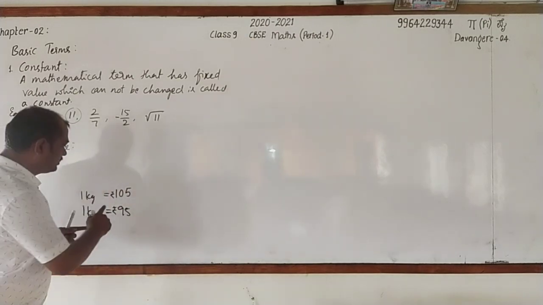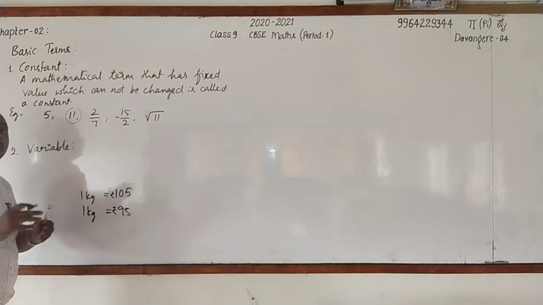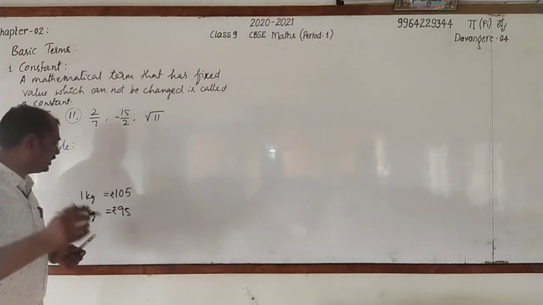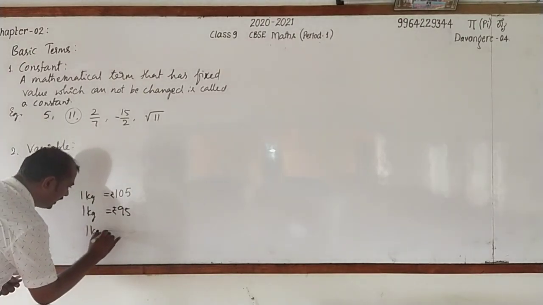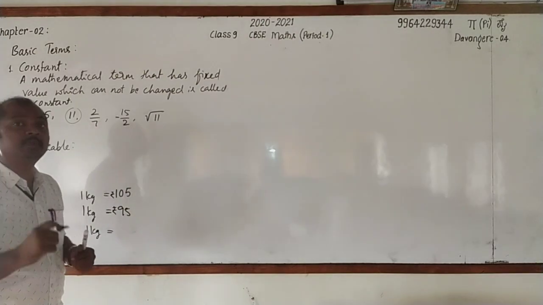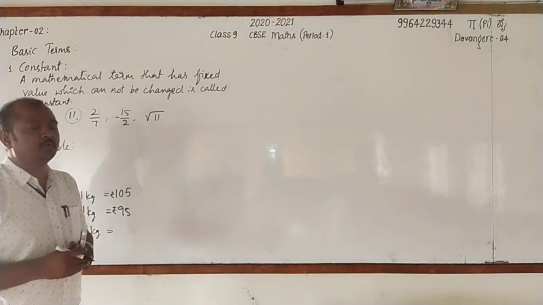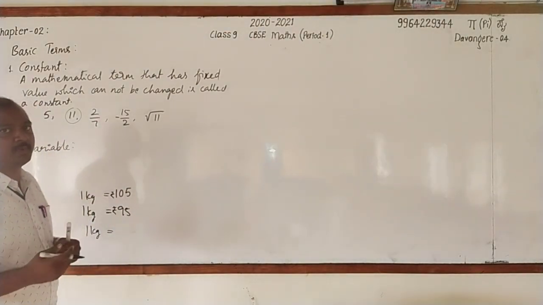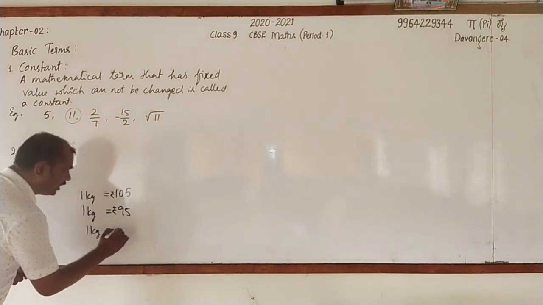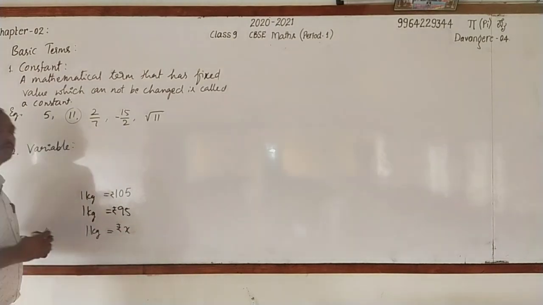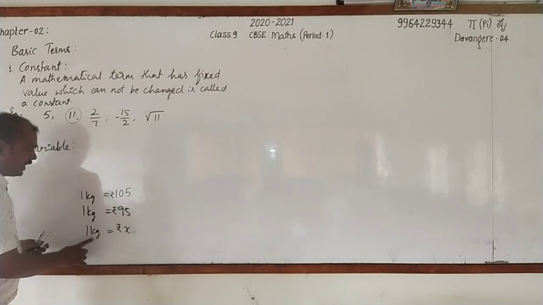Then what are the examples? Before that, just I'll continue this situation. Next week you have a plan to buy again 1 kg of apple. What may be the cost? Do you come to know what it will be? No, it's not possible. So it is an unknown quantity. I take this as rupees X. 1 kg of apple.